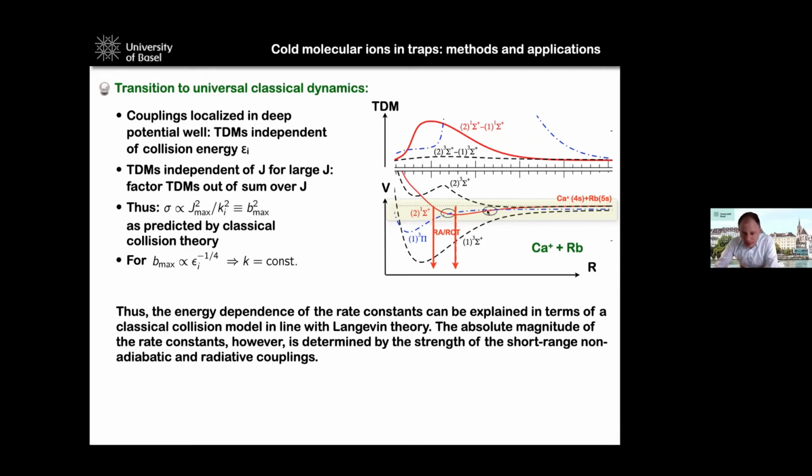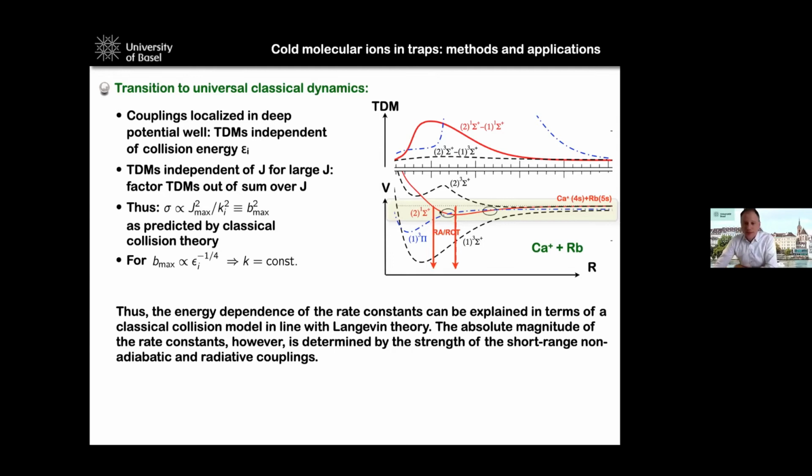So whenever we have an appreciably deep potential energy well, in the region of which these reactive processes happen, it doesn't really matter whether the asymptotic collision energy was 10 millikelvin, 1 Kelvin, or 10 Kelvin, if the well depth here is 1,000 Kelvin.